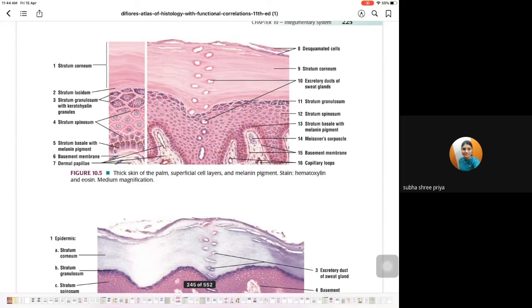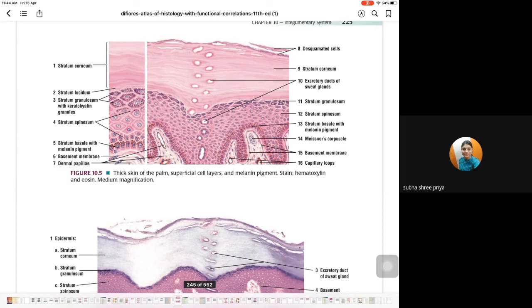Basement membrane followed by dermal papillae. On top, we have desquamated cells, stratum corneum, excretory ducts of sweat glands open to it, and stratum granulosum, stratum spinosum, stratum basale with melanin pigment, Meissner's corpuscle also, basement membrane, and capillary loops are present.